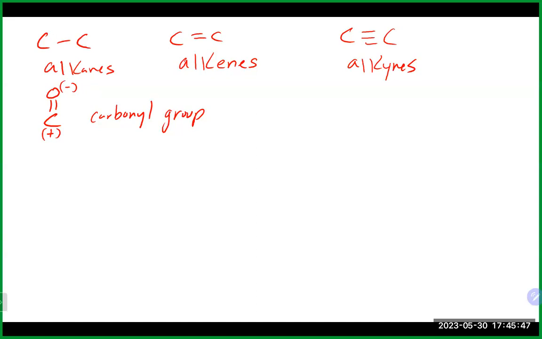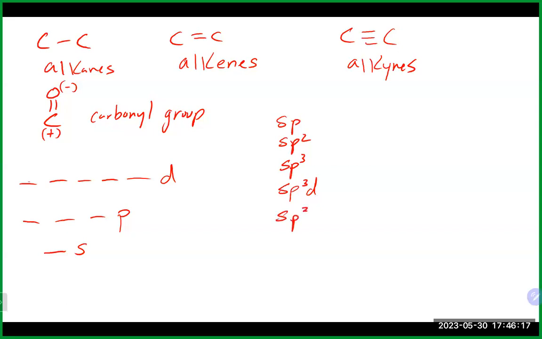In addition, we do get some hybridization. If you remember when we talked about hybridization, perhaps in your first class here, that is when we take atomic orbitals like our s's, p's, and d's and combine them together to make hybrid orbitals, like sp, sp2, sp3, sp3d, and sp3d2.